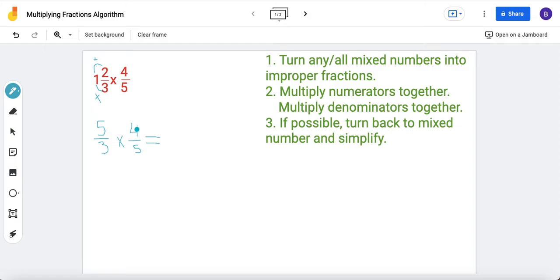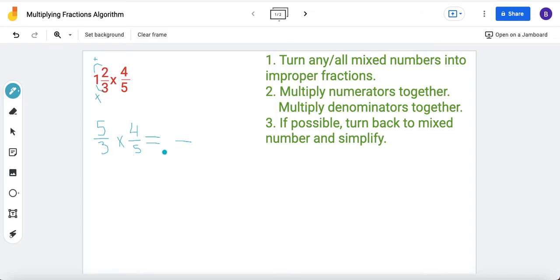So when I multiply this across, if I'm thinking about my denominators first, if I were to be creating a model, this 3 times 5 is saying that I have 5 rows of 3.